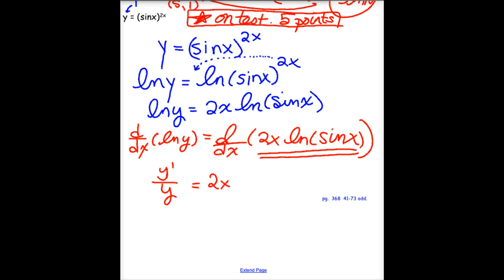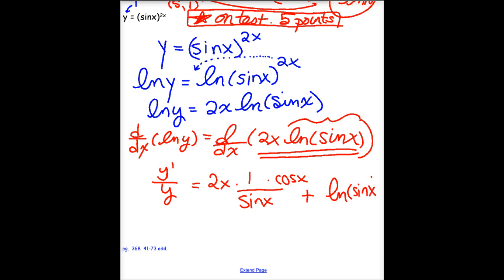First, d second. Natural log function's derivative is 1 over u du dx. So first, d second plus second, d first, which would just be 2.